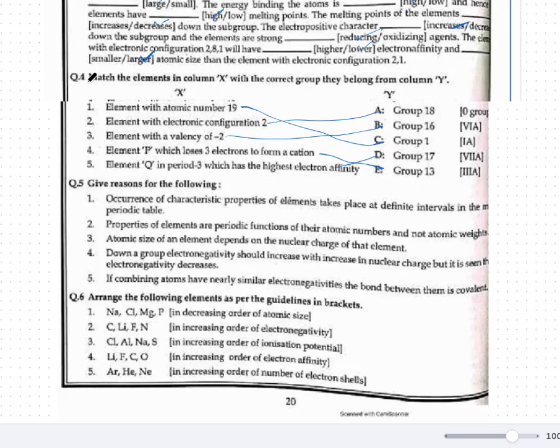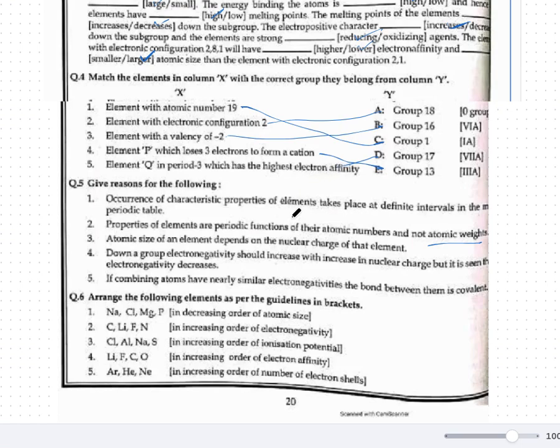Okay, properties of elements are periodic functions of their atomic numbers and not atomic weights. Properties of elements depend on their electronic configuration, which has nothing to do with atomic weights. Atomic numbers give us the electronic configuration, and since properties of any element depend on the number of electrons in the valence shell, properties are periodic functions of atomic numbers and not atomic weights.